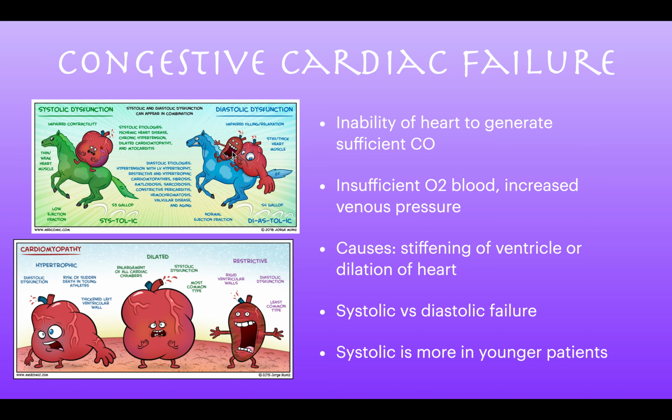So the heart muscle is going to be really small and very stiff, and there's going to be an S4 gallop. We'll go through that more in pathology, but that can be due to hypertension with left ventricular hypertrophy, cardiomyopathies, fibrosis, sarcoidosis, constrictive pericarditis, valvular disease, and normal aging.